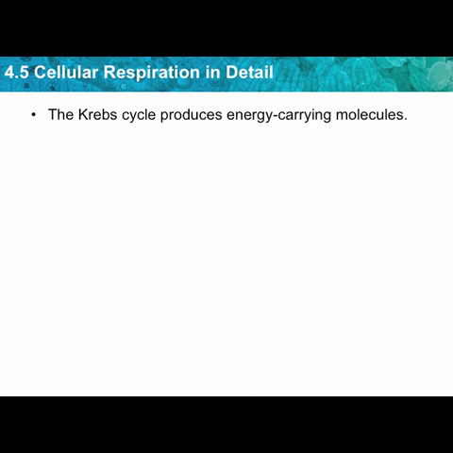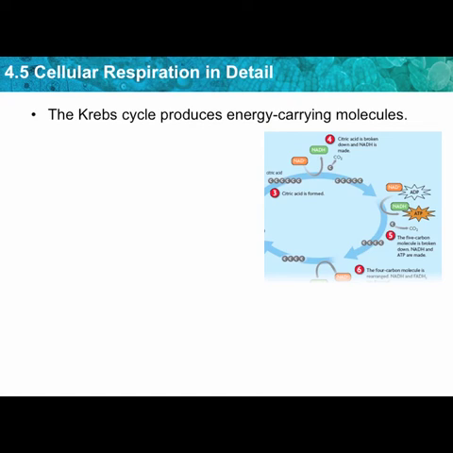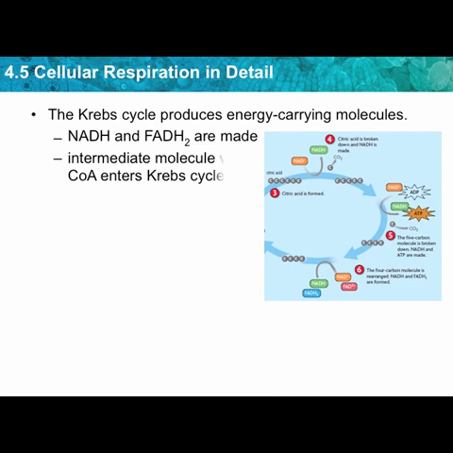Krebs cycle produces a lot of energy carrying molecules, NADH, and so on. Excuse me, FADH2. These are all highly energetic molecules that are going to be used to help with the carbon chain. NADH and FADH2 are made. Intermediate molecules with CoA enter the Krebs cycle.